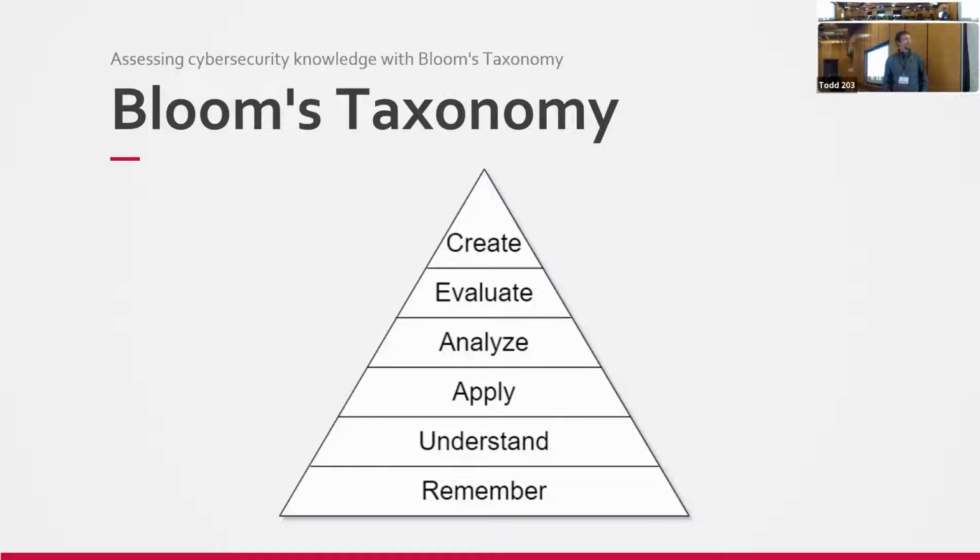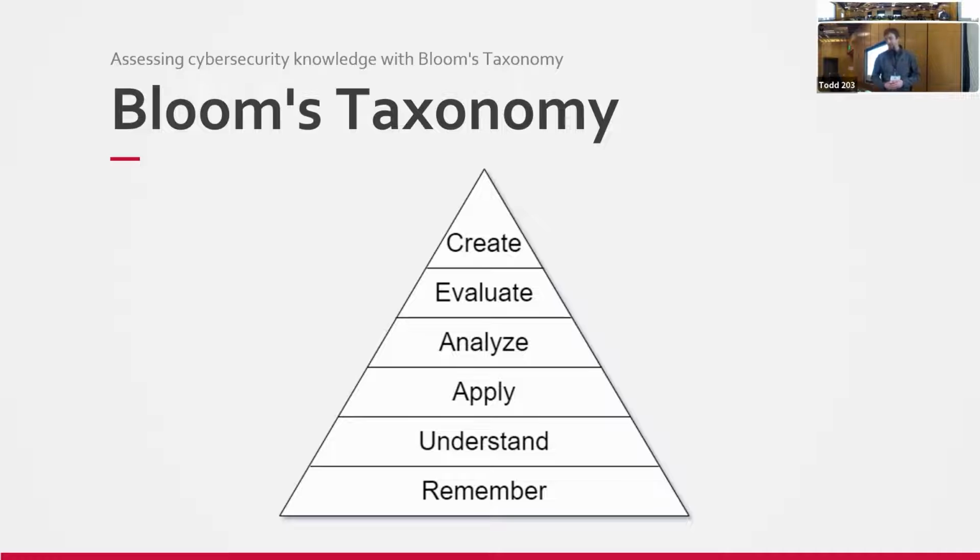And this is what it looks like. It's got 6 different levels, and these levels represent the depth of knowledge that a student would be expected to use for different assessments at these levels. The pyramid analogy is used here because to operate at any of these particular levels, the student is going to need to be able to perform at all the levels below it.